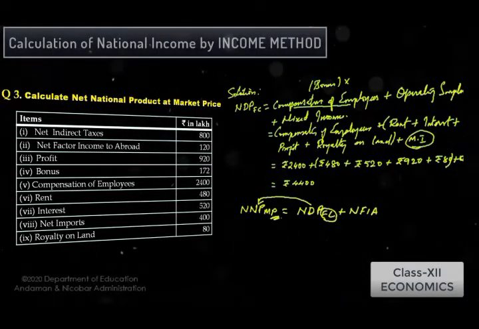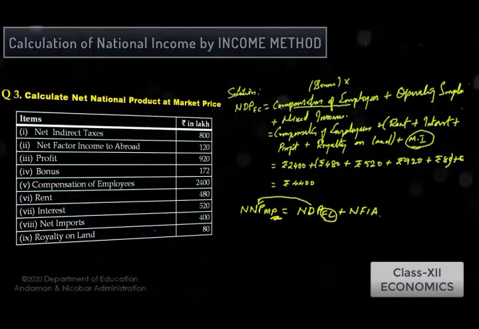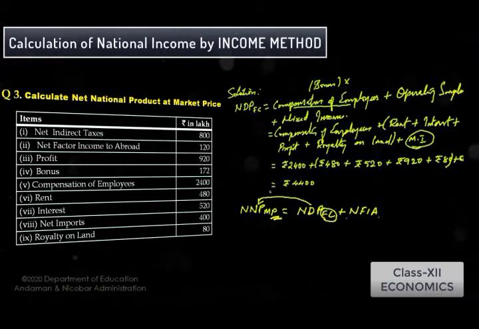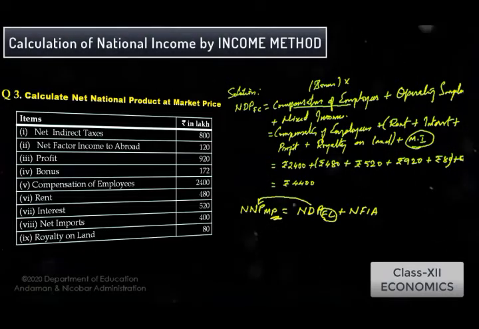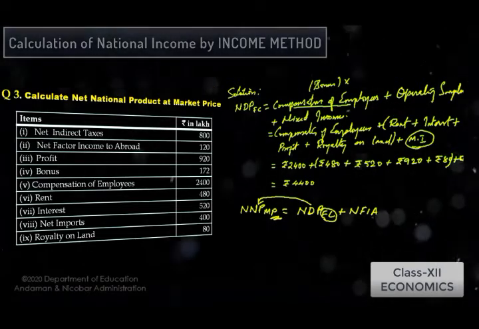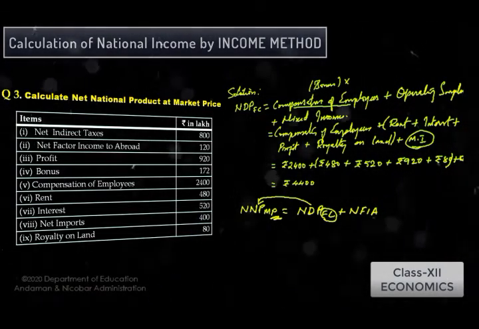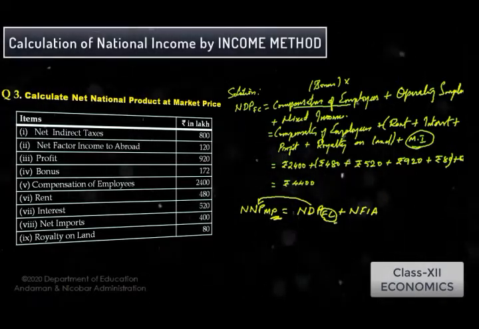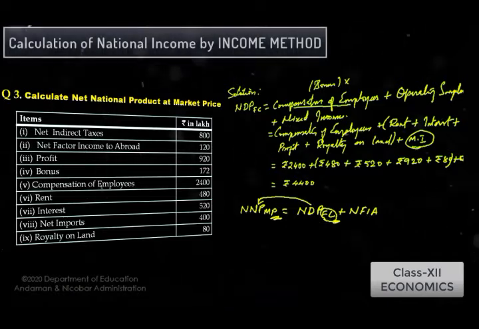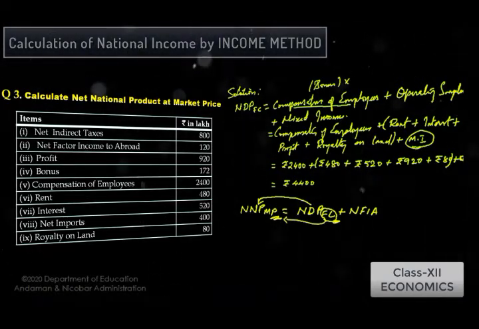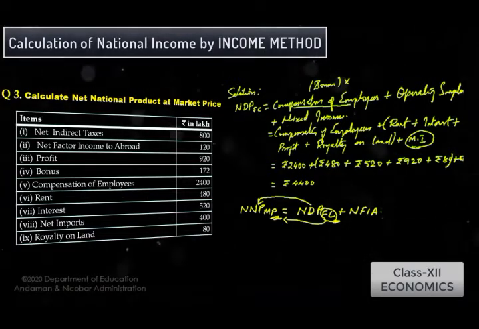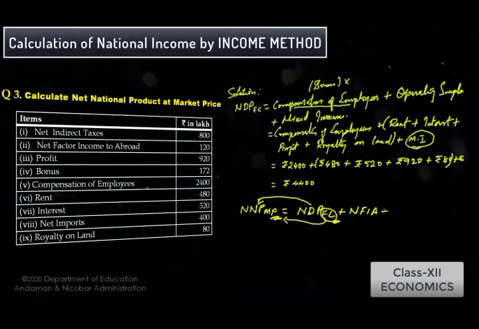From MP to FC, that is market price to factor cost, we need to subtract the value of NIT. But here we have the reverse process, where FC is given, and with this FC value we will find out the value of market price. So in place of subtracting the NIT, we will add the value of NIT, that is net indirect tax.